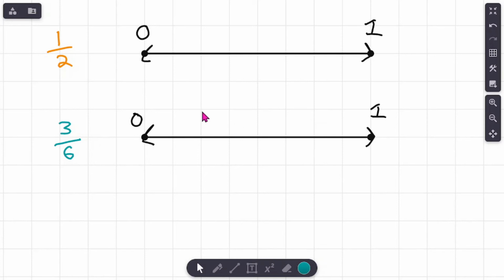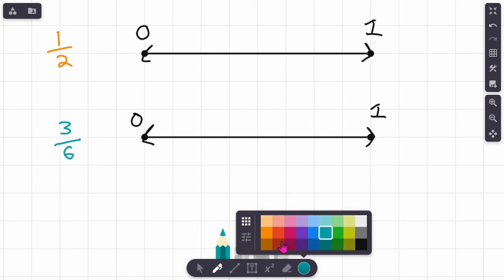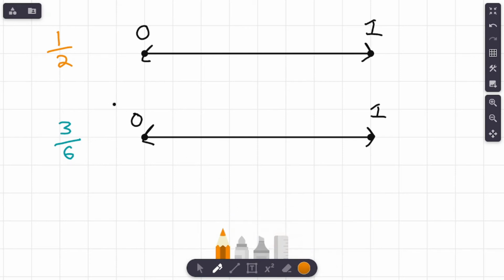Hopefully you've paused the video. Let's take a look at 1/2 to get started. Okay, 1/2, we need to partition it into how many equal parts? Hopefully you're catching on. The denominator tells us how many equal parts to partition it. So we need 2 equal sections.